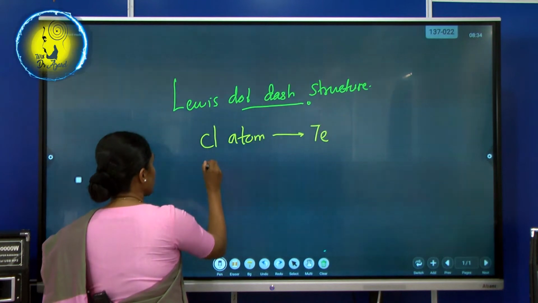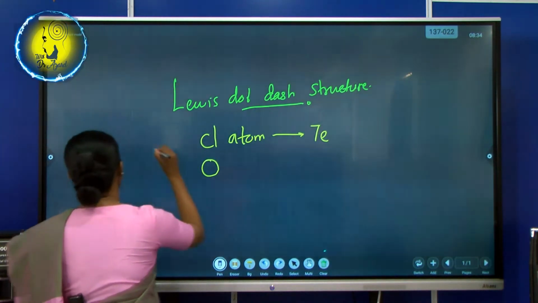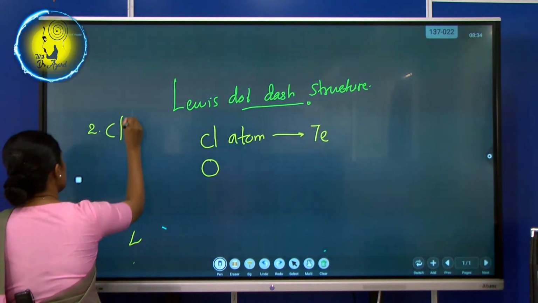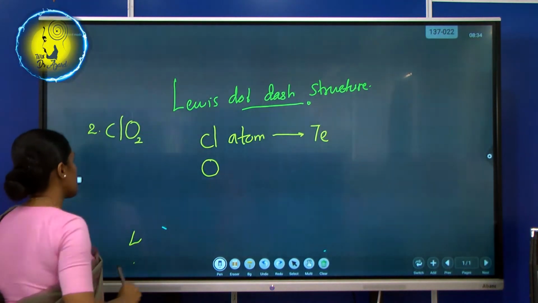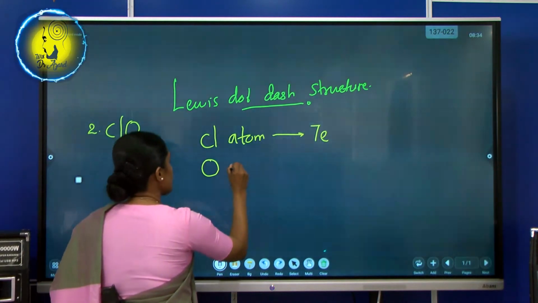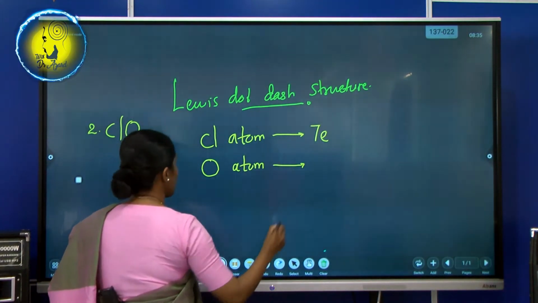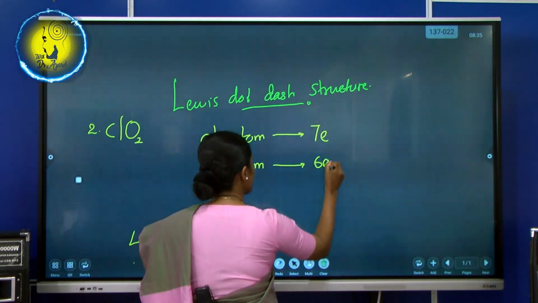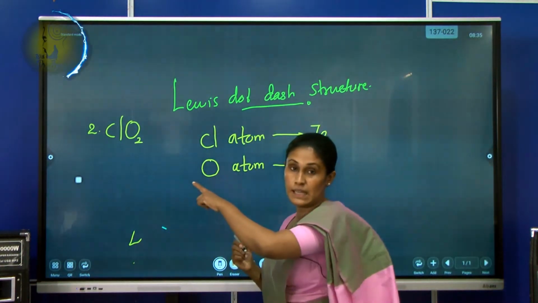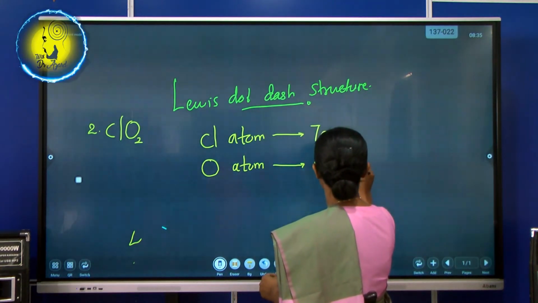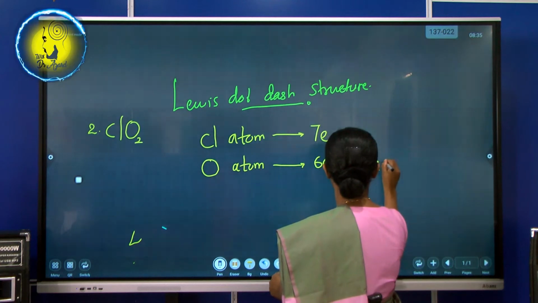Let's talk about oxygen. This is the second example, chlorine dioxide, right? So for the oxygen atom, we have 6 electrons, but as you see there are 2 atoms, therefore I am going to multiply it by 2. So the answer is 12 electrons.